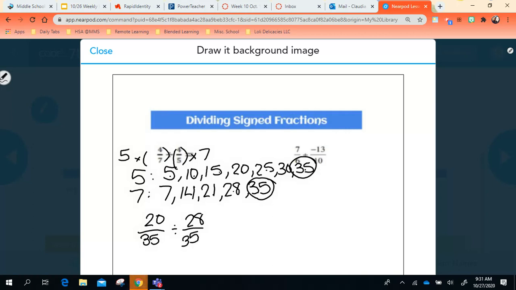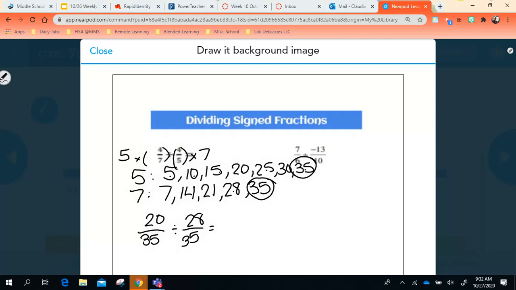And if you're not sure, again, you do the same thing. You go 4 times tables, 1, 2, 3, 4, 5, 6, 7. You check. So now same thing. 35 divided by 35 gives you what? It gives you 1.